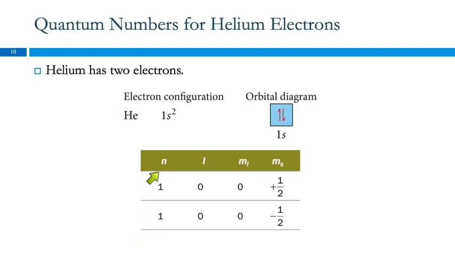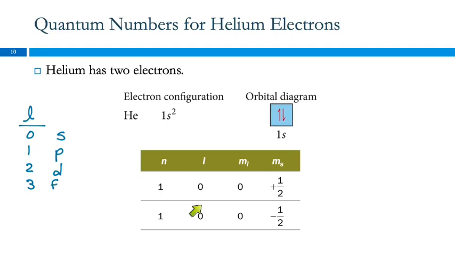Both of these electrons are in principal energy level 1. That's what this 1 means. They are both in an s sublevel. 0 is for s. So that's something that we need to review a little bit. That's l. When l is 0, 1, 2, 3, we call that s, p, d, and f.